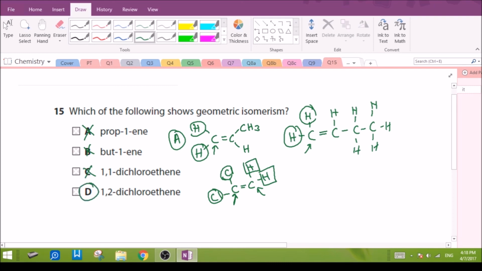Let's look at what D looks like: 1,2-dichloroethene. The 1,2 means that one of the chlorines is on the first carbon, and the other chlorine is on the other carbon. This will have geometric isomers because the carbons do not have identical groups.